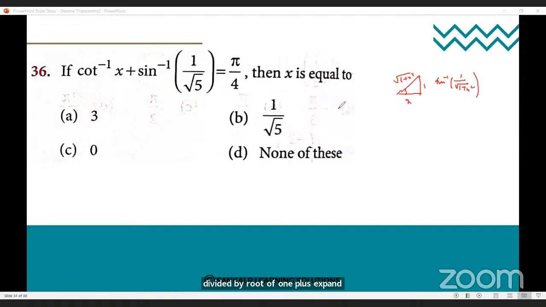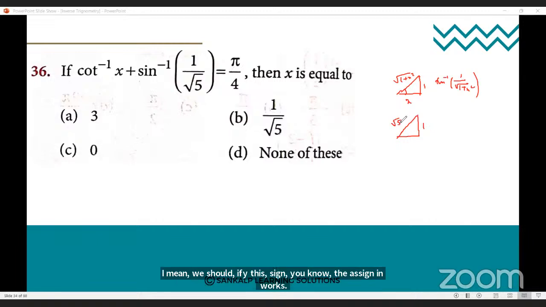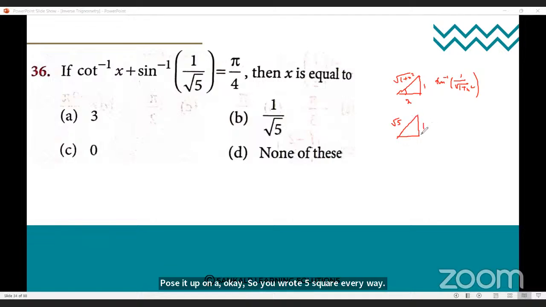So tan inverse will be 1 divided by x. Now for sine inverse 1 by root 5, pay attention: opposite upon hypotenuse. Root 5 square is 5, so 5 minus 1 is 4, whose root is 2, so the adjacent is 2 and we get tan inverse 1 by 2. So this will be tan inverse 1 by x, and the second term will be tan inverse 1 by 2. So by making use of the above result, what do we get?